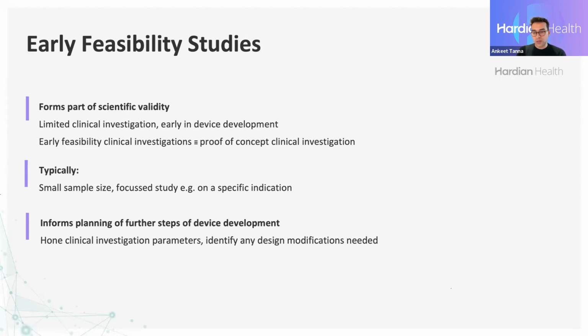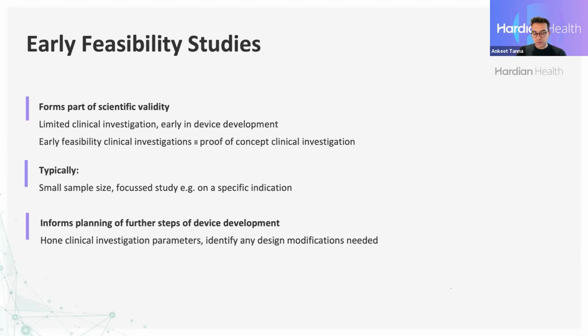So for example, in the case of a machine learning or AI development tool, it may be that you are testing a prototype algorithm on an open source data set just to demonstrate that the approach that you're taking results in appropriate endpoints in terms of the ability to predict a disease or detect a disease, for example.